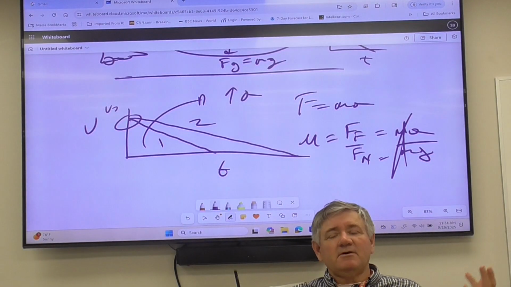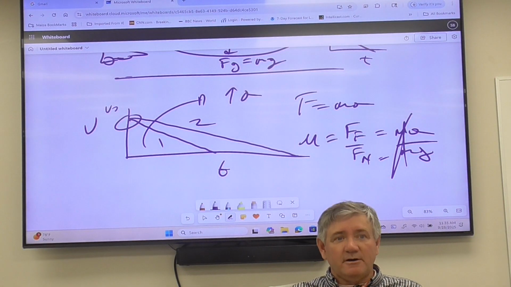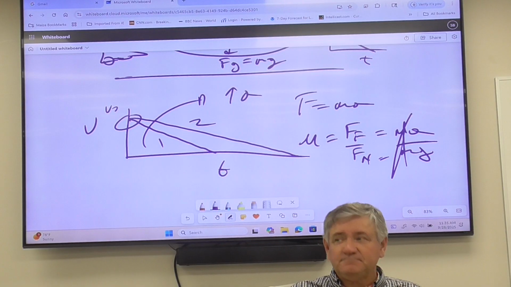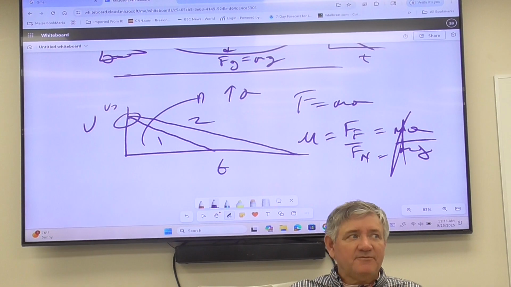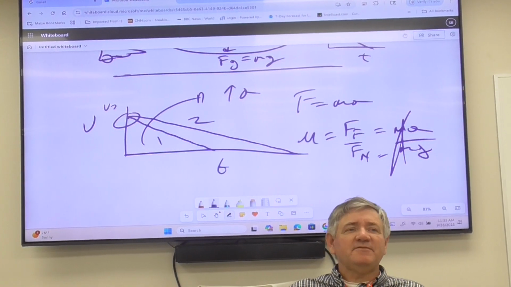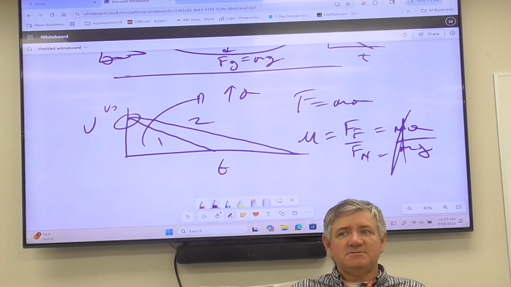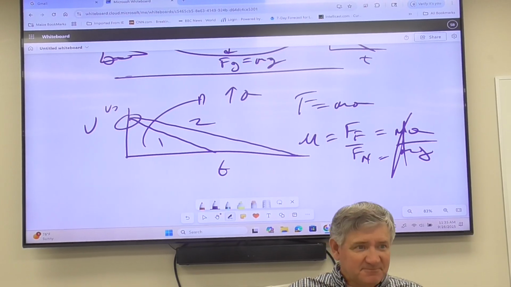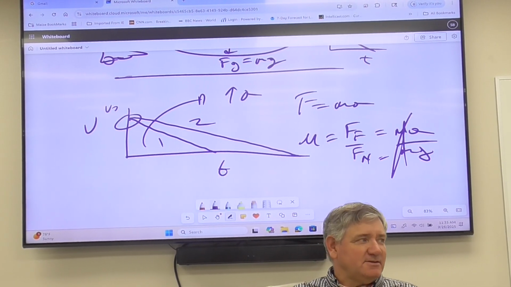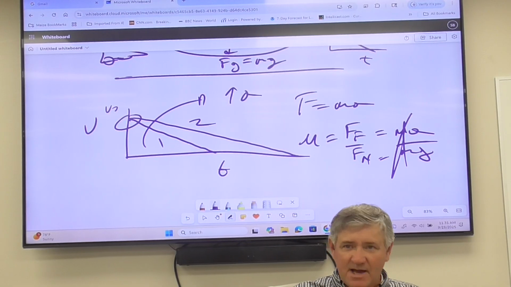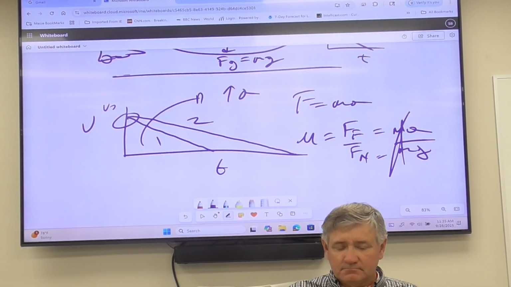You just found the acceleration of the car. You have the number. You know what the mass of the car is. You have that number. All you have to do is multiply the mass times the acceleration to get the force friction. Do not make that difficult, okay? It's just mass times acceleration, that's it.